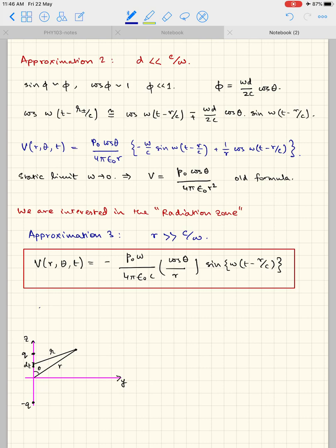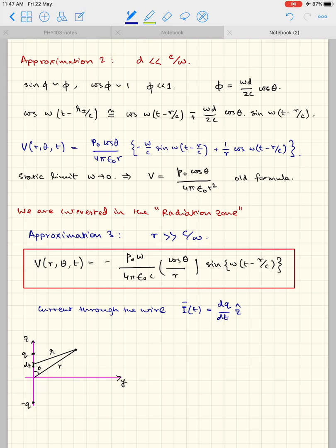Current through the wire is, so you remember these were two metallic spheres linked by a fine thread, and since the charge was oscillating, the I of t is just going to be dq dt, and this is obviously going to be in the z direction because the charge is going up and down the z axis.